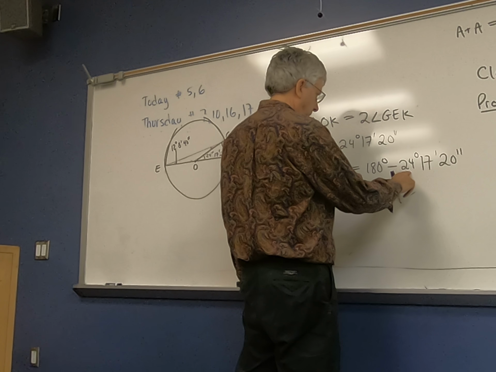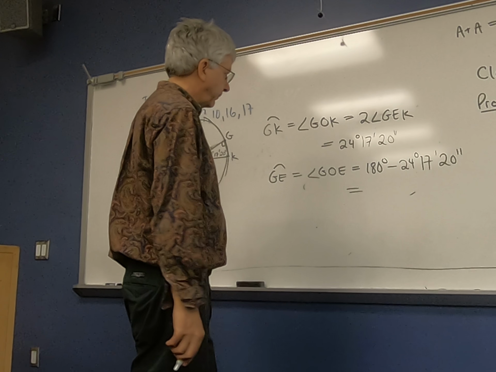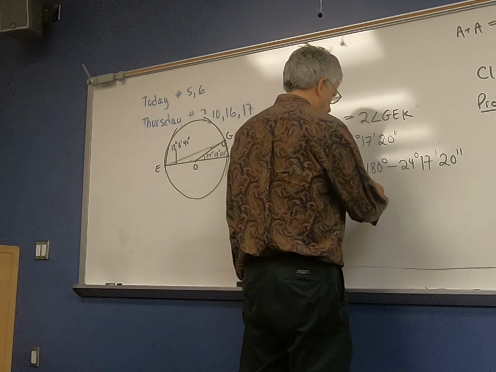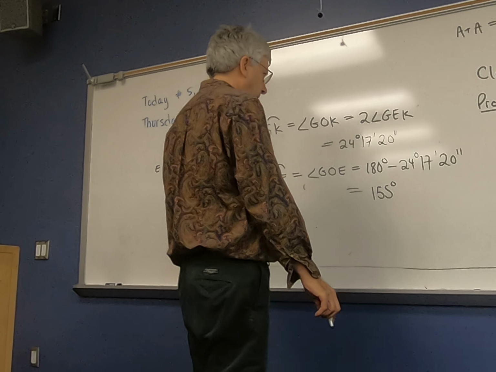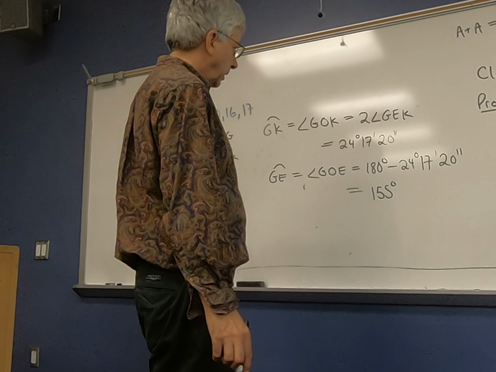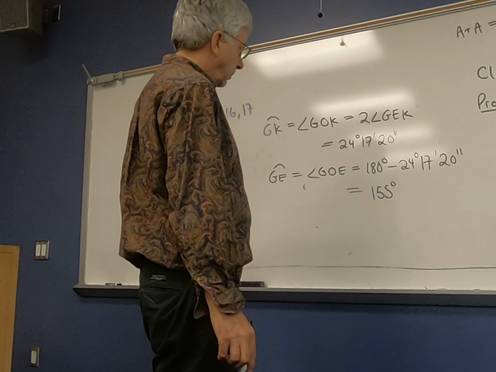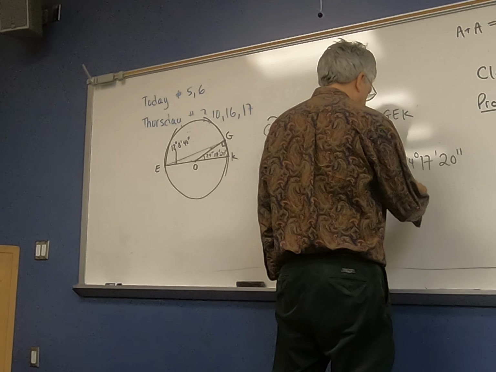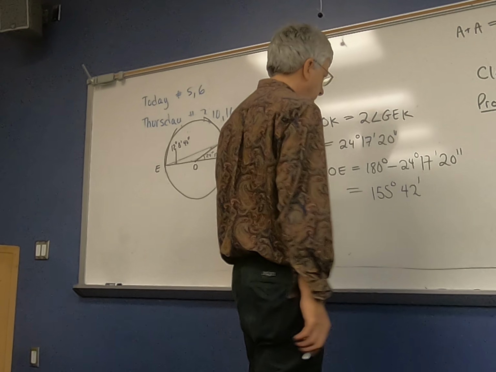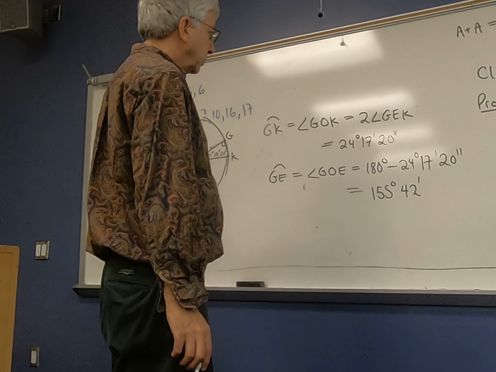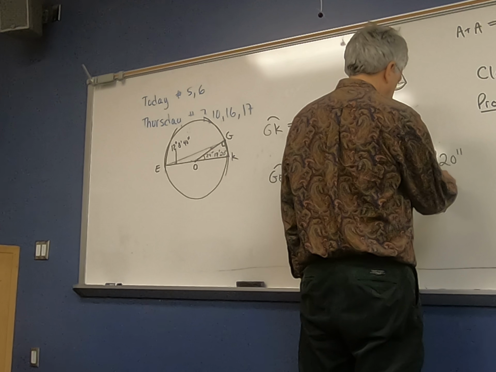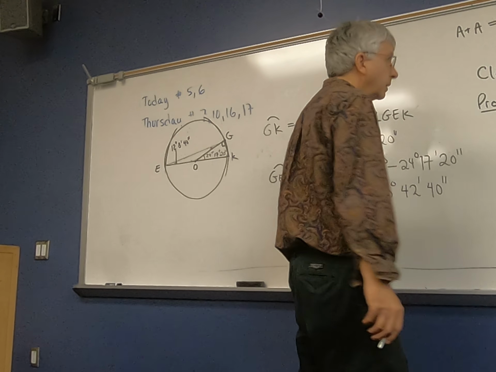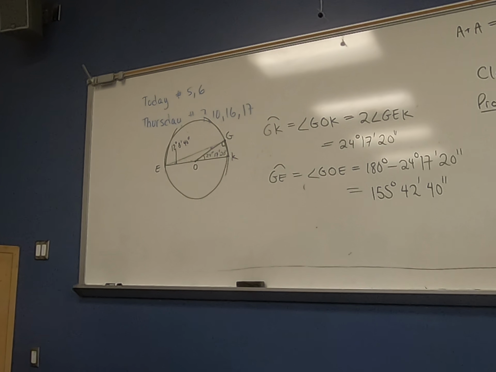Well, you take the 24 away, and that's going to be 156, but then we need to take one of those away, so we can subtract 17 minutes from 60 minutes and get 43 minutes, and we'll write 42 minutes so we can take one of those minutes and convert it to 60 seconds, and subtract the 20 seconds from the 60 seconds, we get 40 seconds. And is that what we wanted to show? Yeah, sure enough. Okay, as Ptolemy indicates.